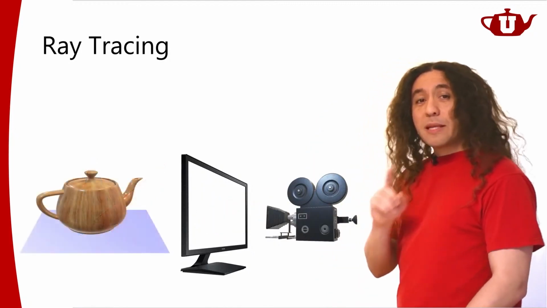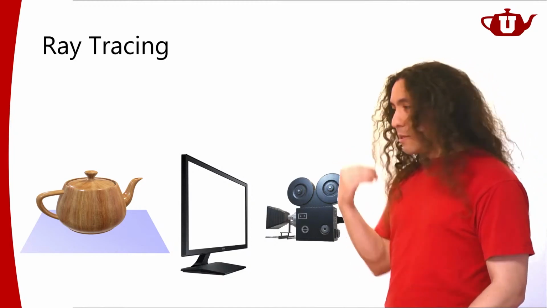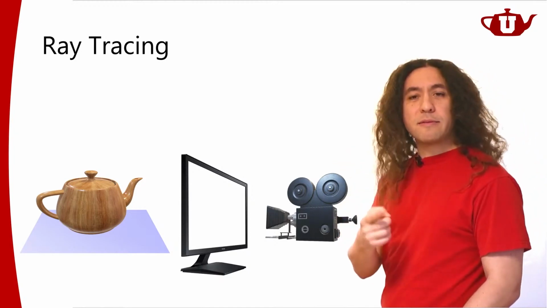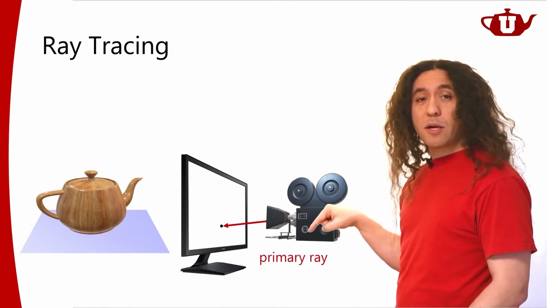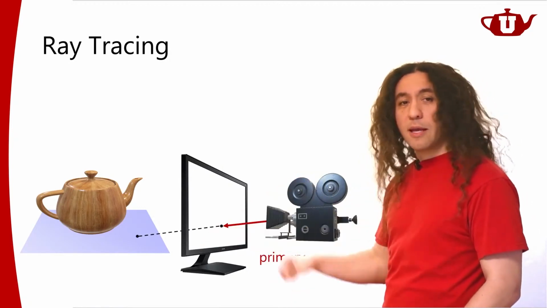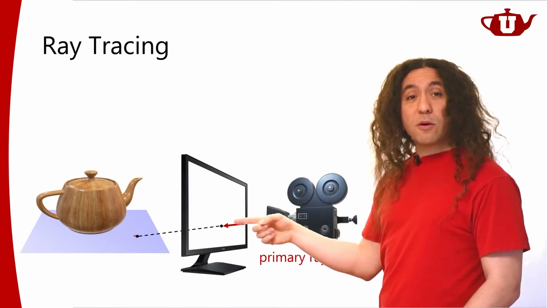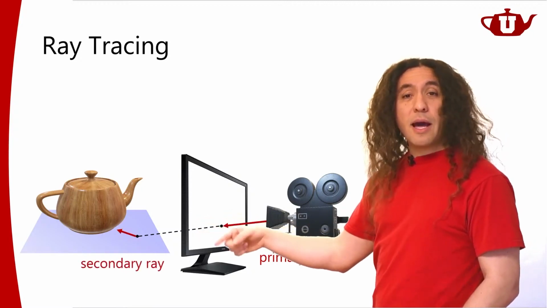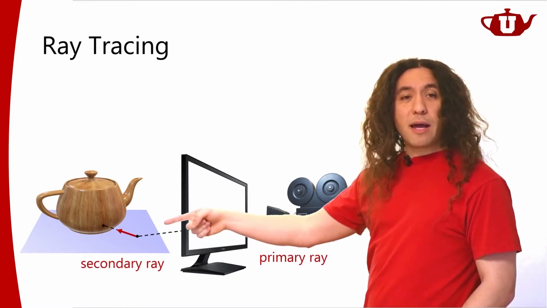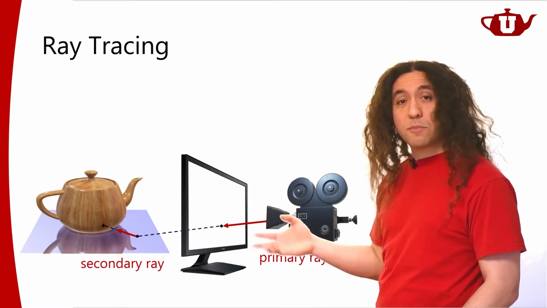But we said the power of ray tracing is not about primary visibility. Rasterization is about primary visibility, but ray tracing can do more, right? With ray tracing, yes, we can generate a primary ray and send it through the scene and find a hit point, but at that point we can also send secondary rays, like a secondary reflection ray. And by tracing that ray and finding the hit points, we can properly compute reflections.